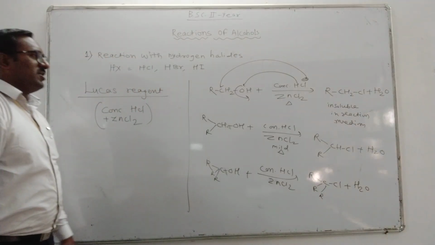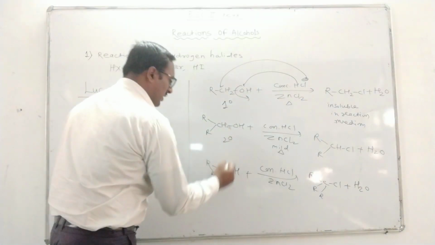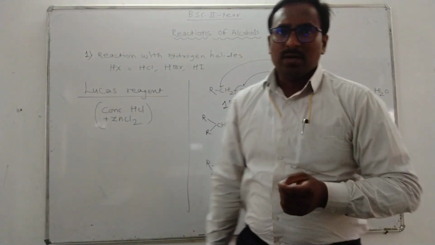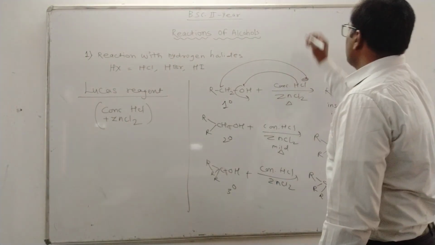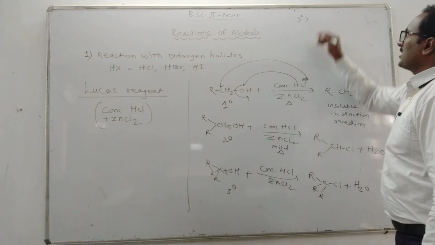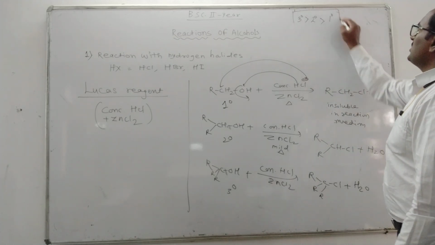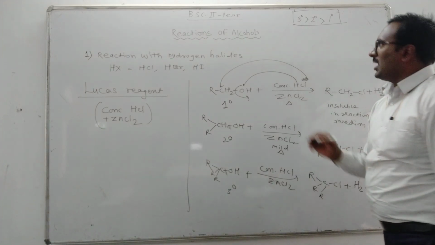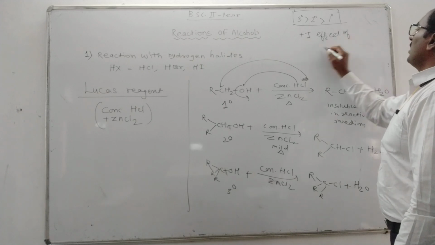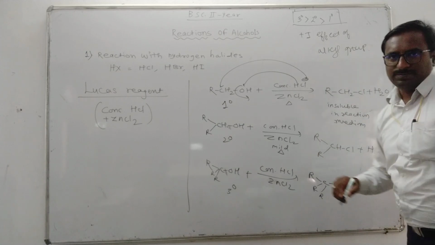So how can we distinguish primary, secondary and tertiary alcohol? Primary alcohol has less reactivity. If you see the reactivity pattern, 3 degree alcohol is more reactive towards this reaction than secondary alcohol, than 1 degree alcohol. How is this? This is due to the plus I effect of the alkyl group.